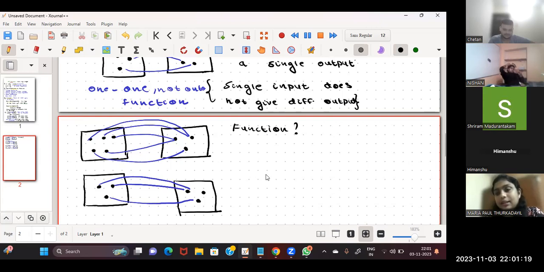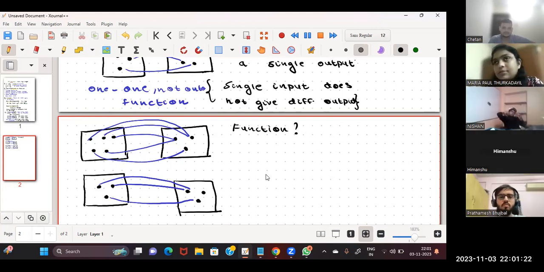Even if the size of the orange is different, you'll get the same orange juice, right? Correct. That's a good example, Jagdish. X square is such a function. So it is a function, right?